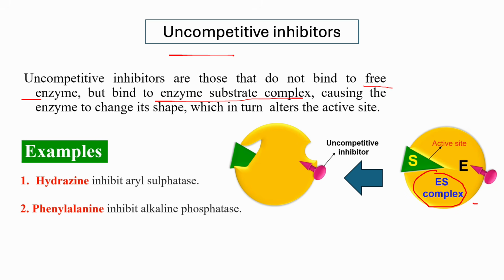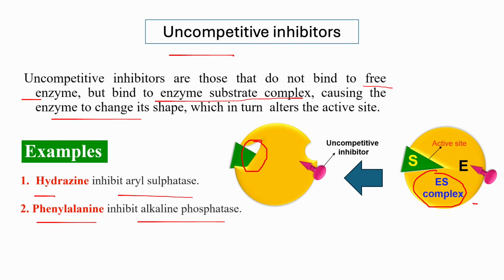Then it causes a change of the enzyme shape, a conformational change of the active site, and so in this altered active site the substrate can't bind properly, and so no reaction proceeds or no product is formed. For example, hydrazine inhibits aryl sulfatase, and phenylalanine inhibits alkaline phosphatase. These are examples of uncompetitive inhibitors.